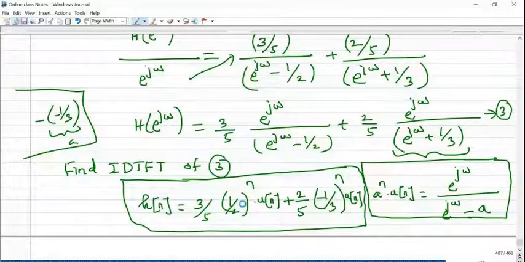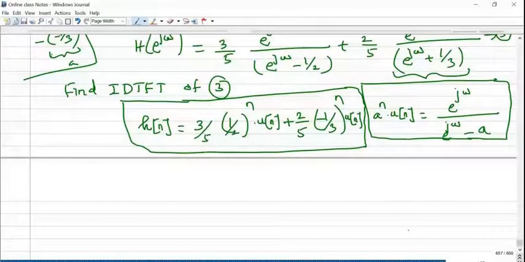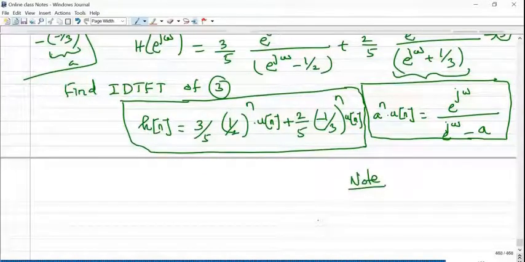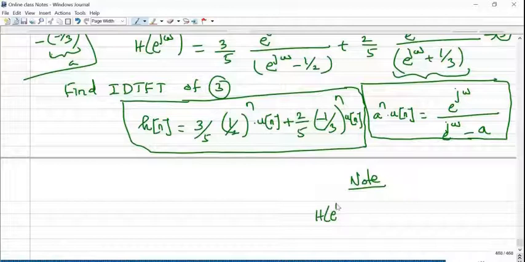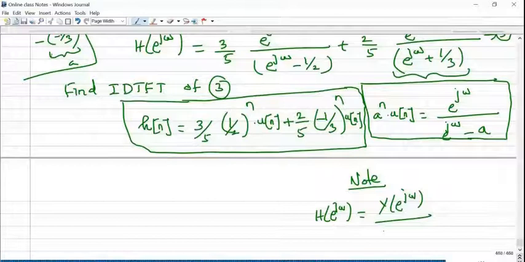Suppose in the same difference equation, assume x of n is some value. Then what is y of n? Note, you should be ready to solve any kind of problem using this relation.